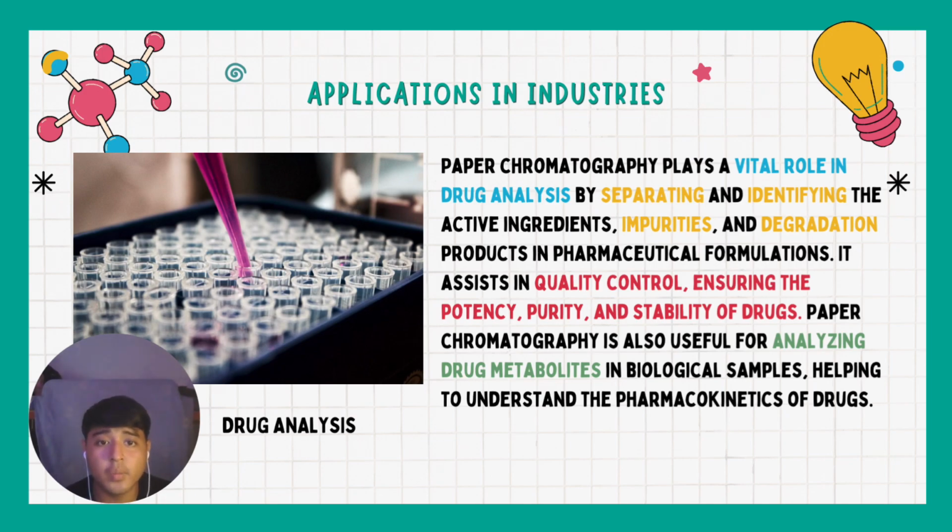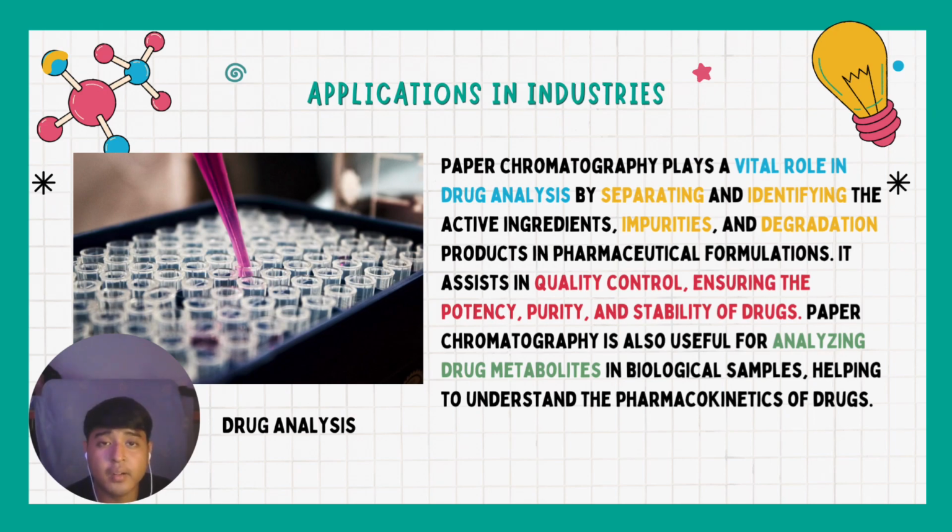Paper chromatography plays a vital role in drug analysis by separating and identifying the active ingredients in the drugs, and impurities and degradation products in pharmaceutical formulations. It assists in quality control, ensuring the potency, purity, and stability of drugs.